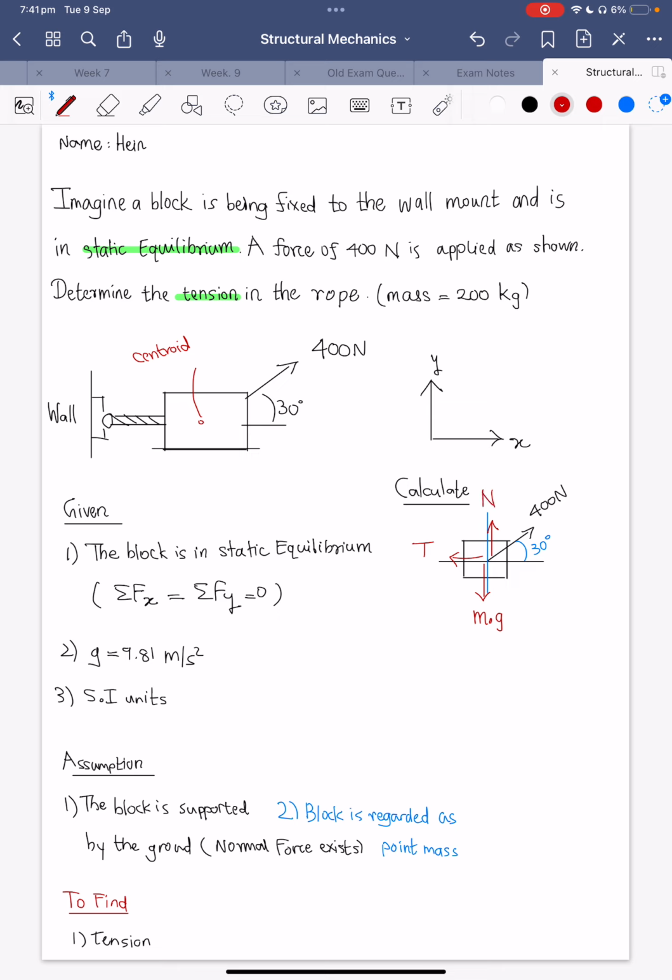I assume N is the normal force. T is tension. Alrighty. Let's think about 400 Newton because it is at a slanted angle. It's a little bit complicated. According to that Pythagoras theorem, I'll draw here.